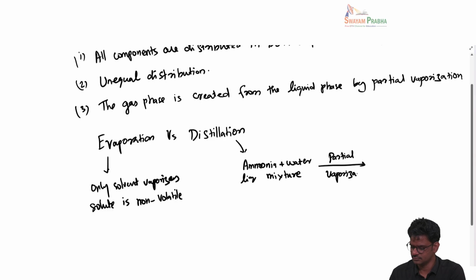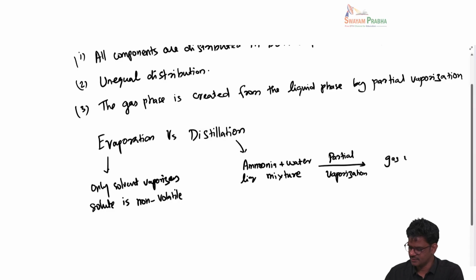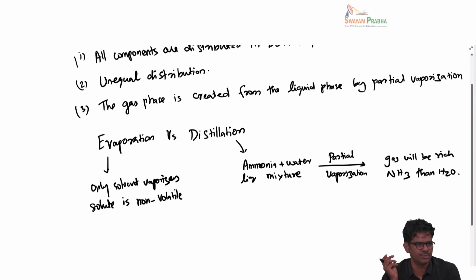When you partially vaporize this liquid mixture, both ammonia as well as water will evaporate into the gas phase. Okay, but the gas phase will be rich in ammonia compared to water. This is what I meant as unequal distribution. Ammonia distributes in the gas phase much more than water.